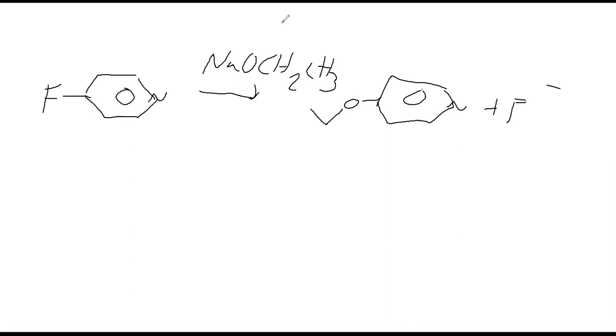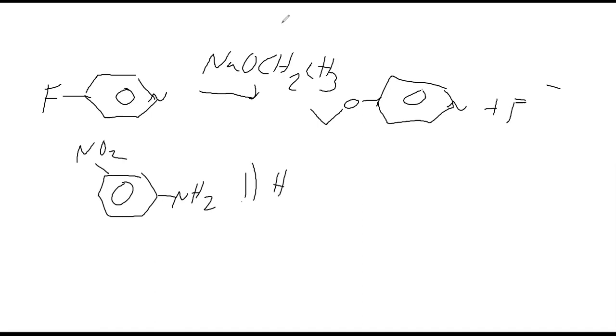So C, we look at, well, we have a nitroaniline, which of these guys is more reactive. So this one we had HCl and nitro, NO2. This is going to, and then CuBr.